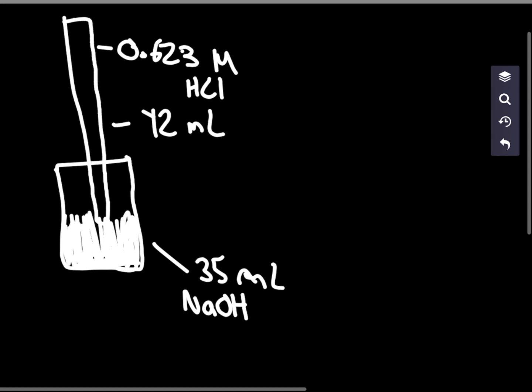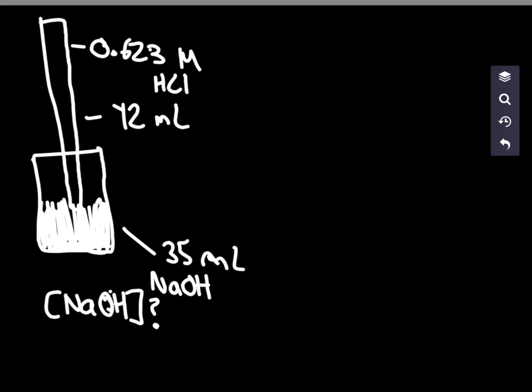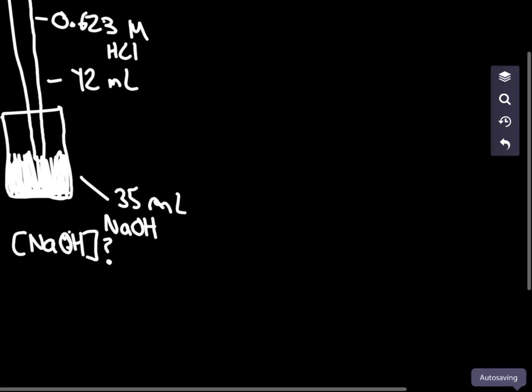That's our titrant. But we don't know the concentration of NaOH. From the reaction before, this is the same reaction. We know that the mole ratio is 1:1. So for every 1 mole of acid, there's 1 mole of base.